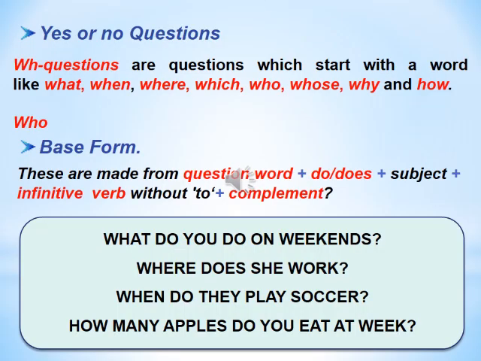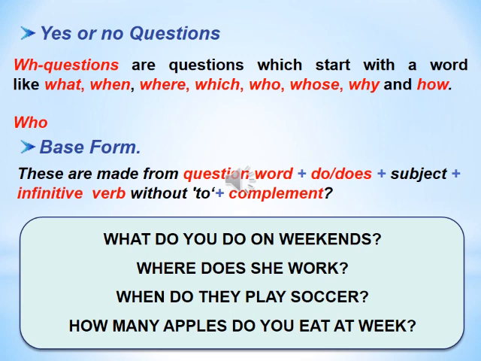We have other questions that you can use in the simple present. They are the WH questions. WH questions are questions which start with a word like what, when, where, which, who, why, how.